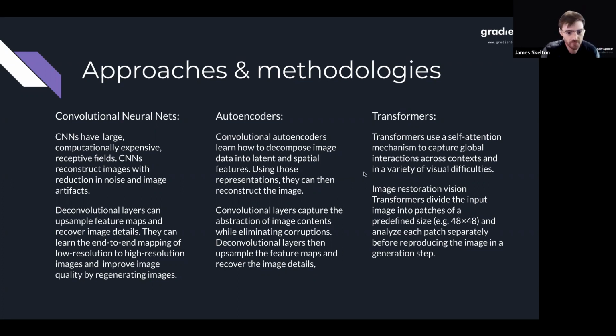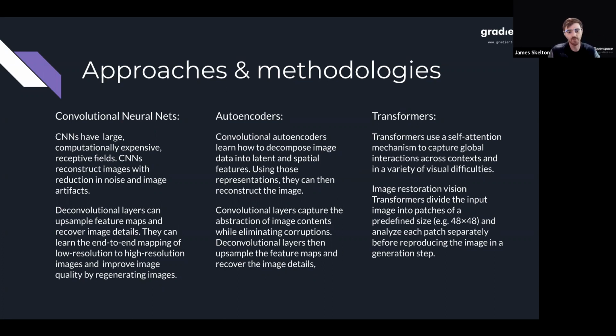Convolutional neural nets kind of were the start. Because CNNs have really large and computationally expensive receptive fields, in order to actually use CNNs to make this work, they basically need to be optimized so that the deconvolutional layers could upsample the feature maps and recover the image details in an efficient way.